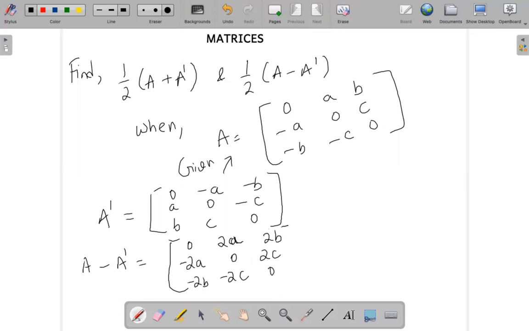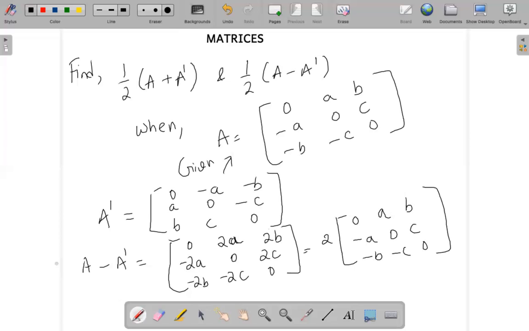Now let us take 2 outside common. So what do we get? That is 2 times 0, a, b, and minus a, 0, c, and minus b, minus c, 0.